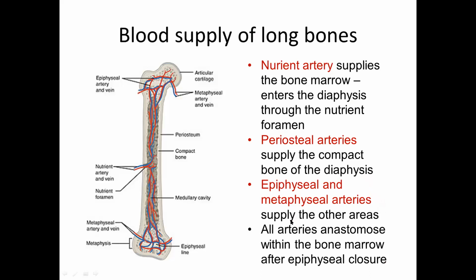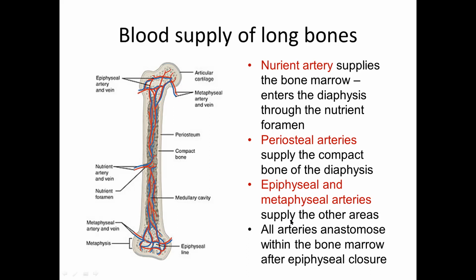Now, the blood supply of long bones is very important. You have different arteries which come in and supply blood to the long bones. One is the nutrient artery which supplies the bone marrow. It enters the diaphysis through the nutrient foramina. Then you get the periosteal arteries which supply the compact bone of the diaphysis.